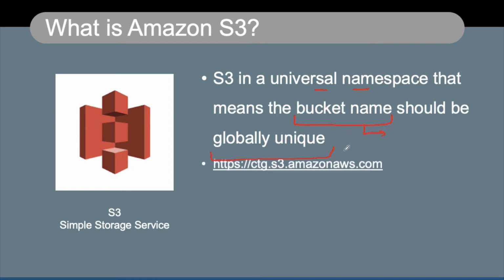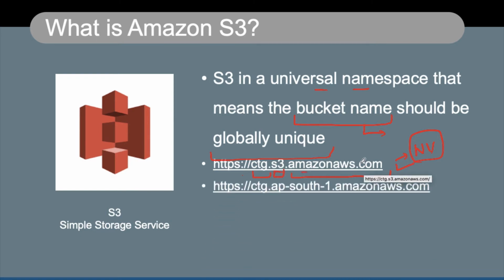And just to take some examples, http://ctg, which is cloudtrainingguru.s3.amazonaws.com. Whenever you are creating buckets in the Northern Virginia region, you will have this kind of URL, which says s3.amazonaws.com.